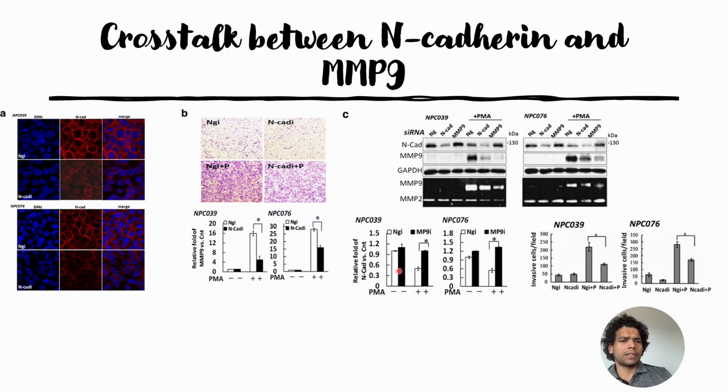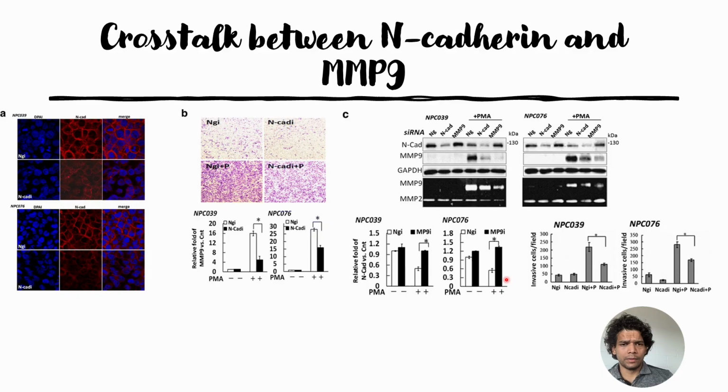And when they did the quantifications, it is clear that for the NPC039 cell line, when they use PMA and the MMP9 knockdown is there, there is an increase in the N-cadherin signals even more than the control. Similar results they have seen for the NPC076 cell line also.